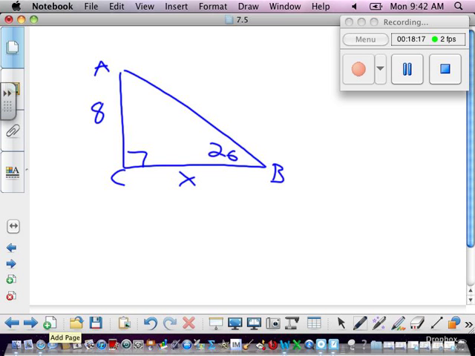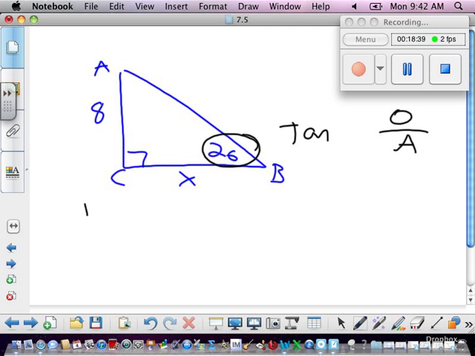Okay. All of your homework tonight is just going to be tangent. All of it's going to be tangent. Tomorrow, it's just going to be sine and cosine. Okay? So today is just going to be tangent. What is tangent again? Tangent is opposite over adjacent. So we want the tan of 26.